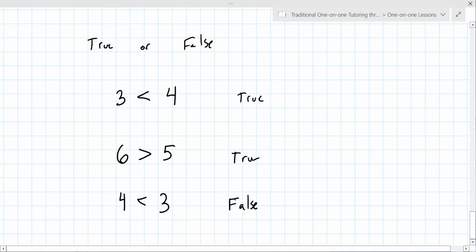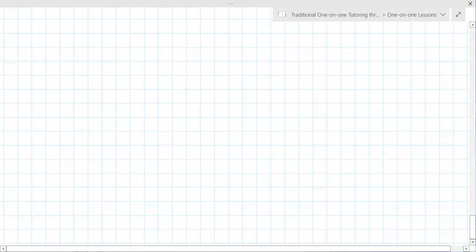Okay. So we were looking at fractions last time. I would give you a fraction like this. I would ask you, is 2/3 greater than 1/3? Is this true or is this false? True. 2/3 is greater than 1/3.